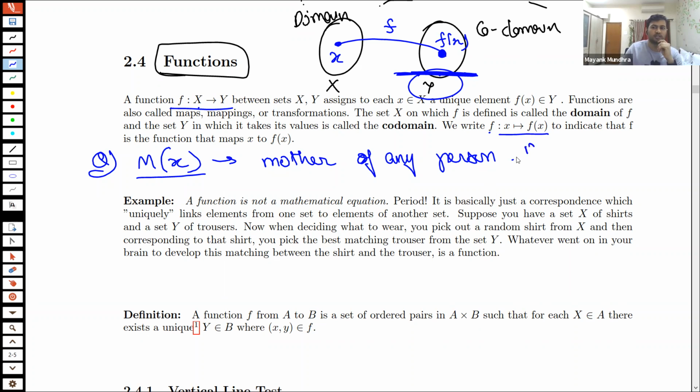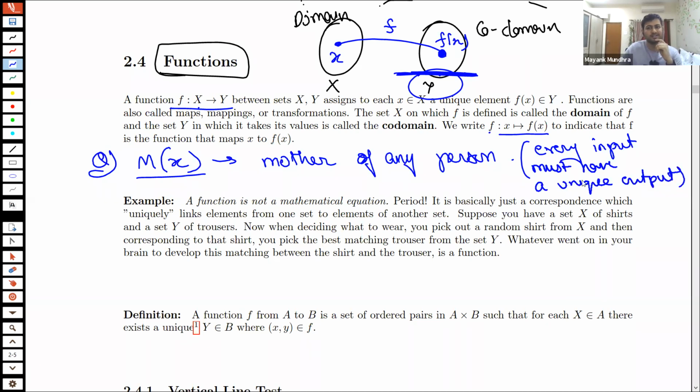There is just one thing to consider, that every input must have a unique output.